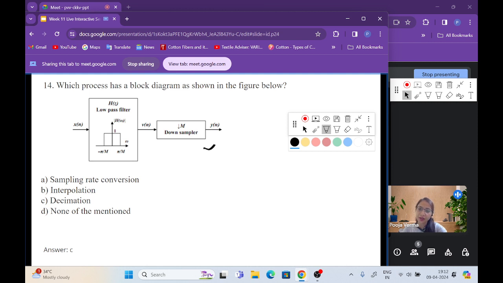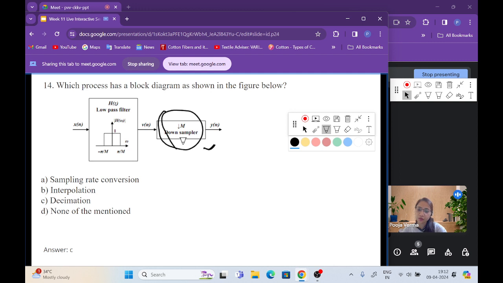So this block diagram is related to which process? Option A is sampling rate conversion, option B is interpolation, option C is decimation, or option D is none of the mentioned. From the block diagram, we can clearly see that this is a downsampler.